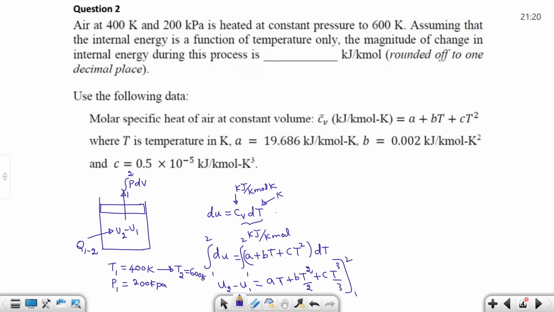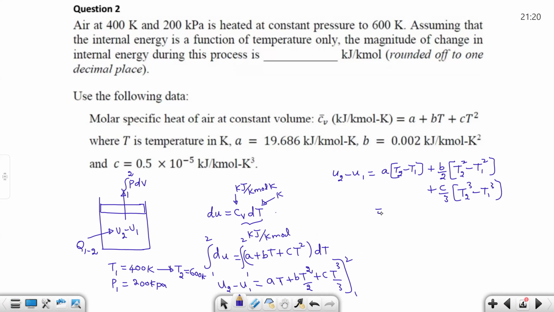So U2 minus U1 is equal to A into T2 minus T1, plus B by 2 into T2 squared minus T1 squared, plus C by 3 into T2 cubed minus T1 cubed.